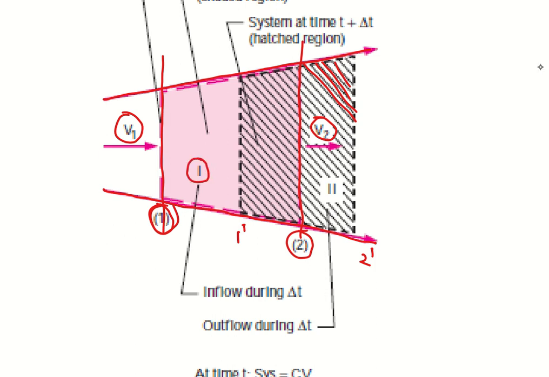This area between 1 and 1 dash is represented by 1, and this area between 2 and 2 dash is represented by 2. What does this area represent? This 1 represents the flow of that property through face 1. Generally we talk about the extensive property. It could be the mass, the momentum, the energy, or the angular momentum.